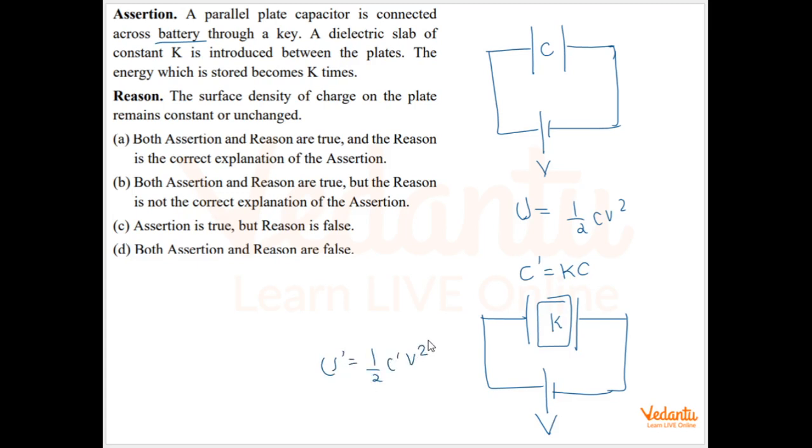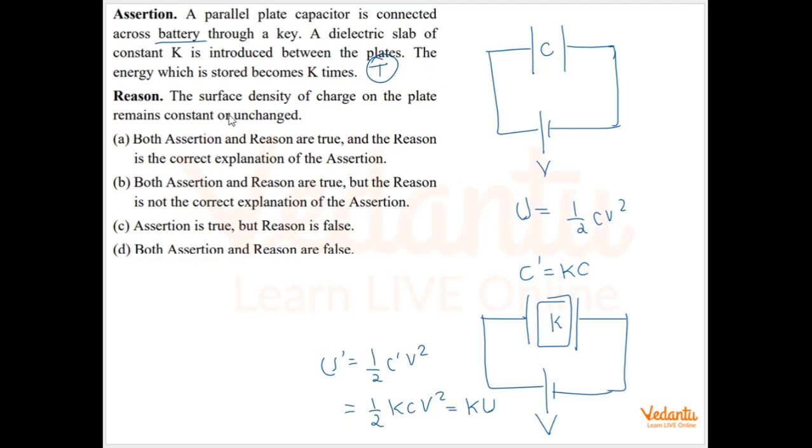Remember, in this case potential will remain the same, so that will just become half into KC into V square. That just gives me the energy as K times U. So assertion is true, the energy stored does become K times.